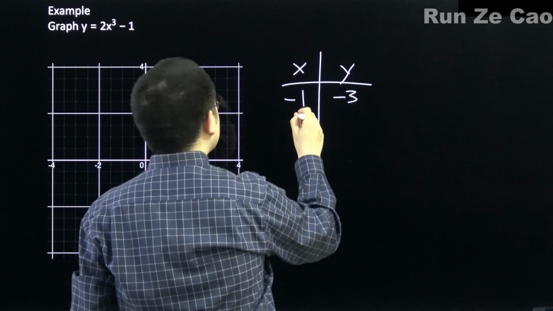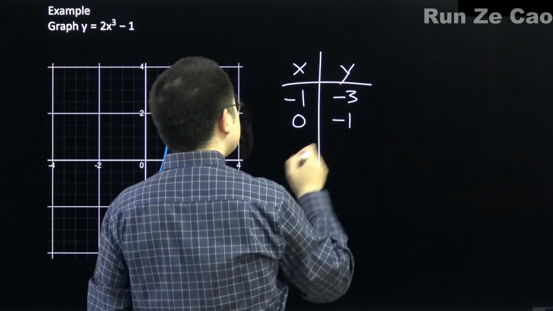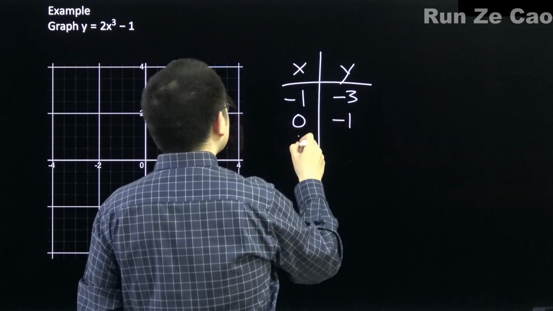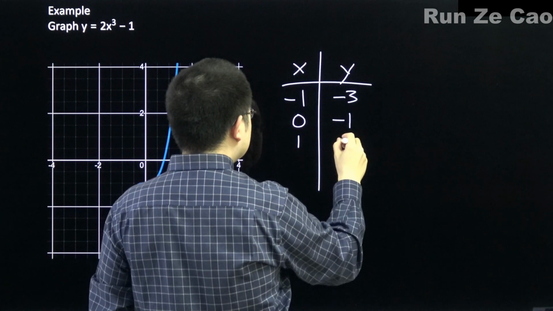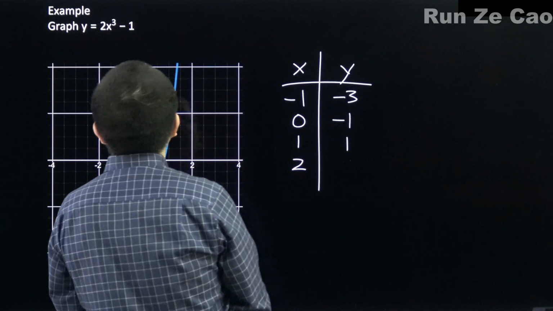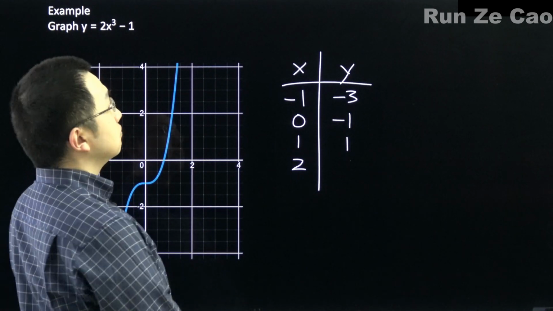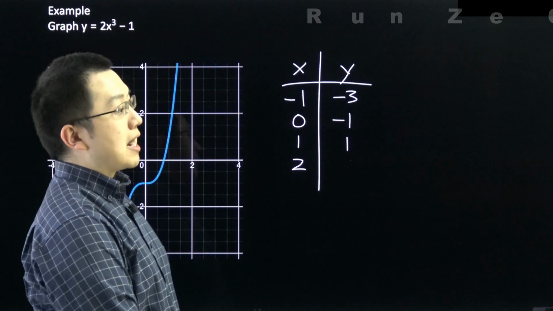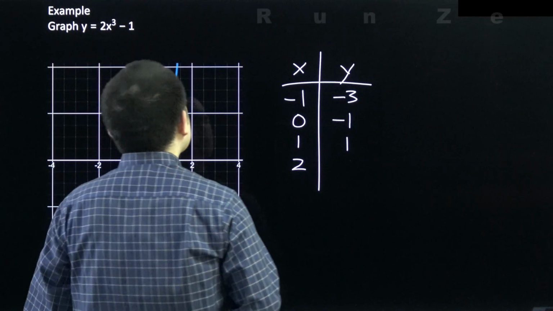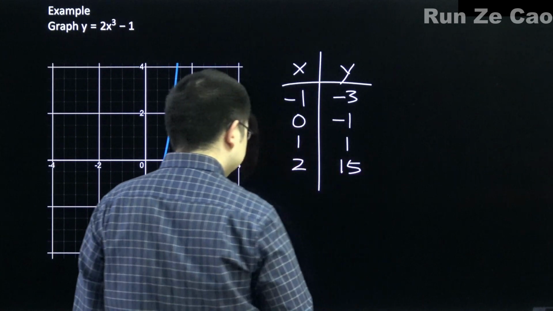And if x is equal to 0, y would be -1. If x is equal to 1, then y would be 1. And if x is equal to 2, then y would be 2 times 8, 16, minus 1. That gives us 15.